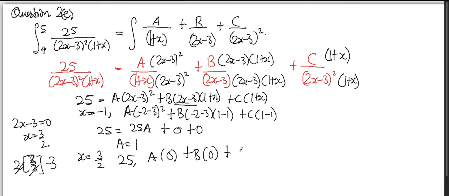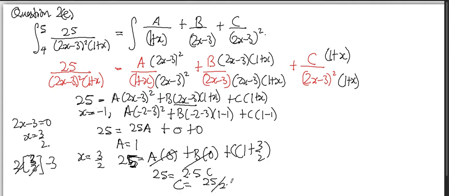Then plus C, which is 1 plus 3 over 2. So 25 equals 1 plus 1.5, which is 2.5C, so C equals 25 divided by 2.5, and the answer is 10. Therefore A equals 1, C equals 10.